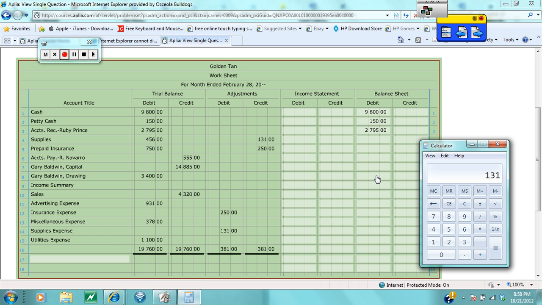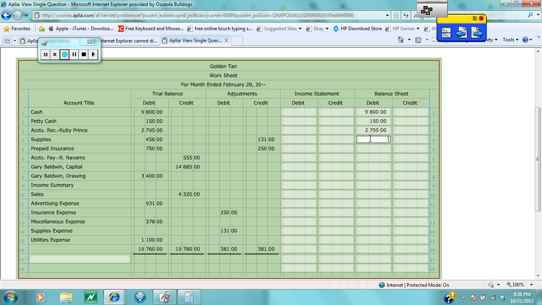So, since you don't have those numbers anymore, you need to clear it out. 456 minus your 131. That equals your 325. See that? Now they gave that to you earlier. 750 minus 250, that's 500, right?